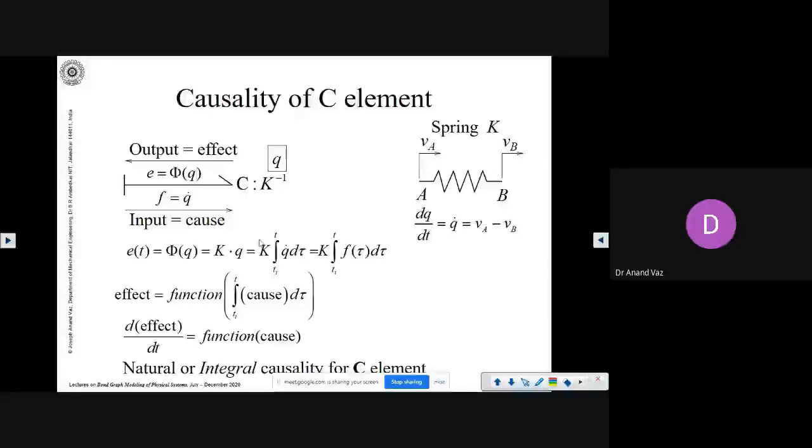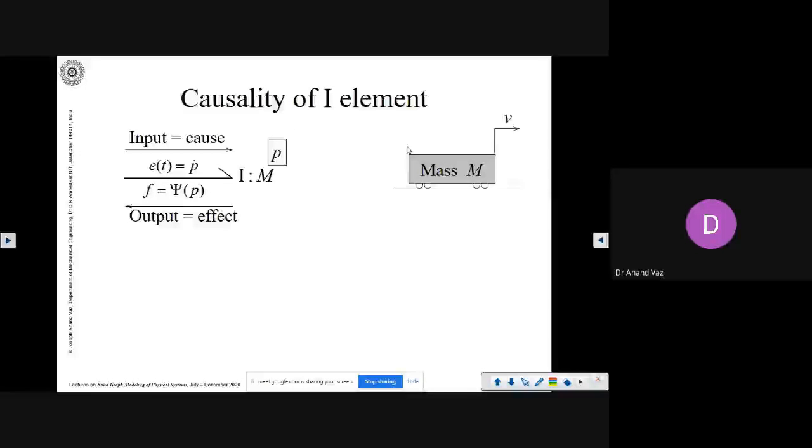The same thing is also true for the I element. In case of the I element, which we considered earlier, you have the causality of the I element like this. I'm just giving you an example to explain the idea of causality of the I element.